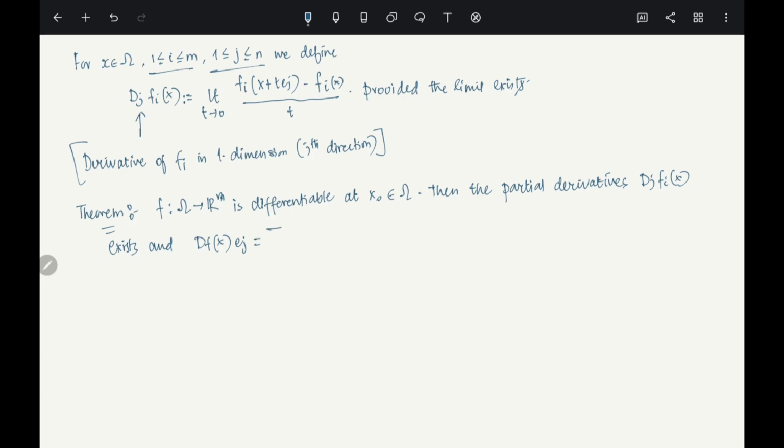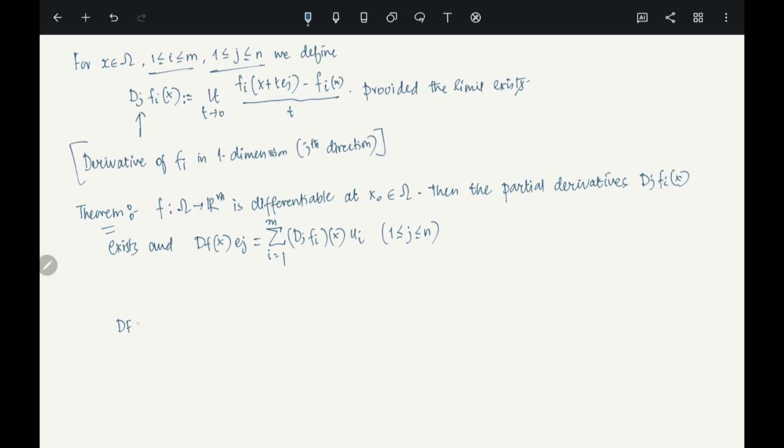That becomes nothing but the summation i equals 1 to m of dj fi acting at x, times ui. Clear? And this holds for j between 1 and n. So what I meant is, df acts on ej, and the end result will be in terms of ui.